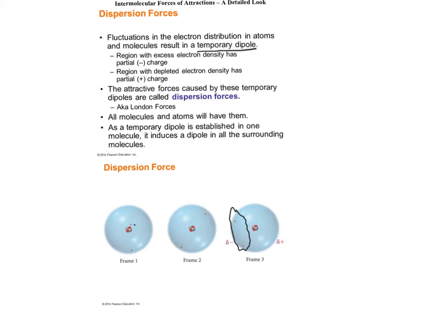And when that happens, that sets up what we know as an instantaneous dipole. I'll write it down here. Also referred to as a temporary dipole. I like instantaneous because at any given moment, there could be a dipole. These electrons are buzzing all over the place.